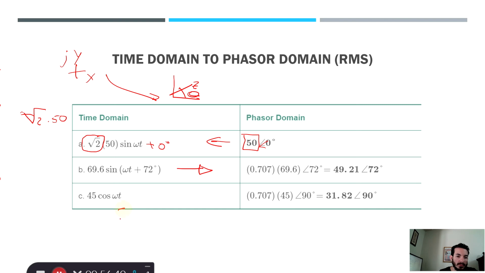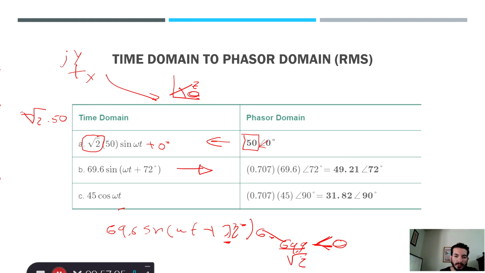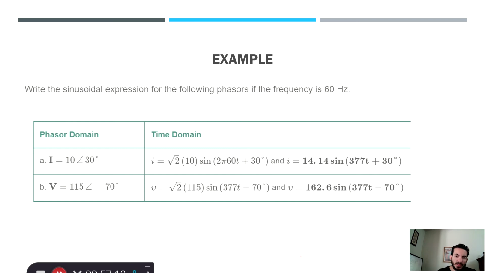If we have another example, say 69.6 sine omega t plus 72 degrees, we know that the 72 degrees is already the angle for the phasor, and then it's going to be 69.6 divided by square root of 2, which is the same as multiplying by 0.707. So practice that.